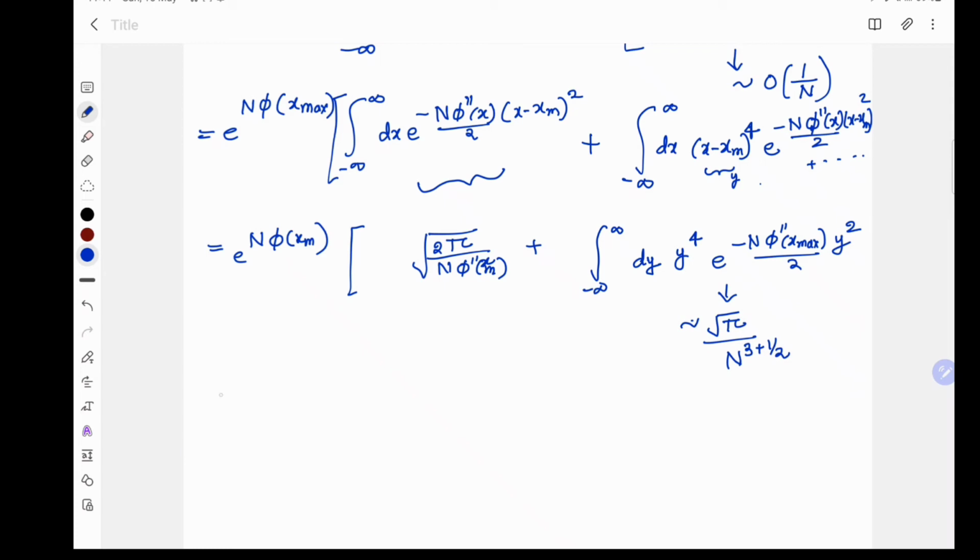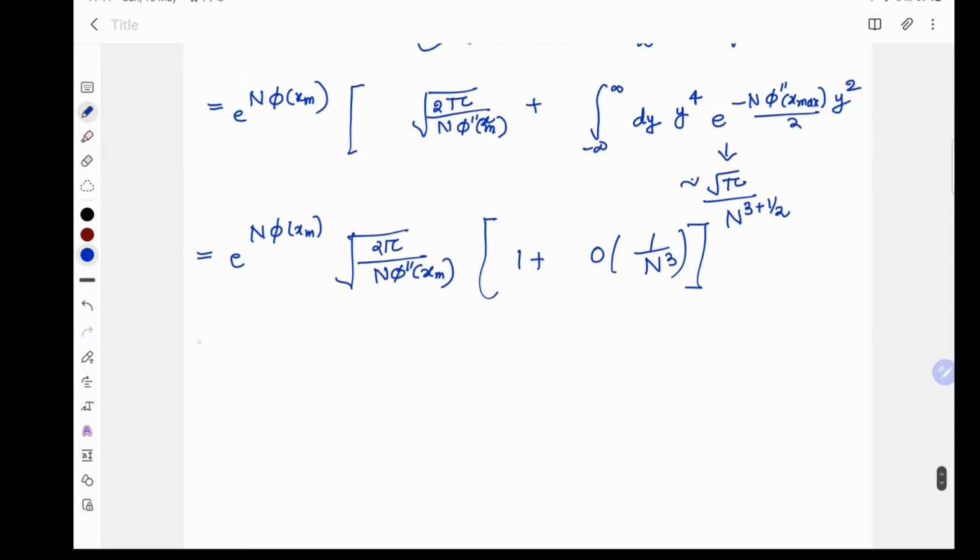So we can take everything outside, and what we will have left is 2 pi over n phi double prime x_m times 1 plus something of the order of 1 over n cube.